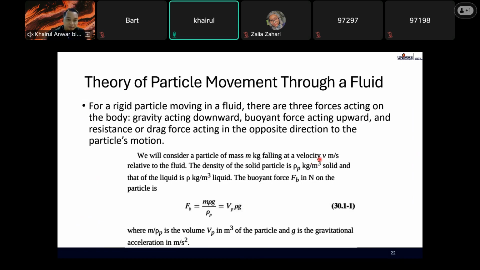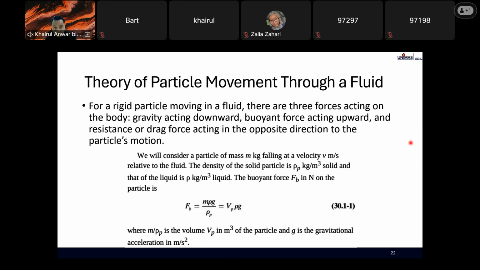For a rigid particle moving in the fluid, there are three forces acting on the body: the gravity acting downward, the buoyant force acting upward, and the resistance or drag force acting in the opposite direction to the particle motion.